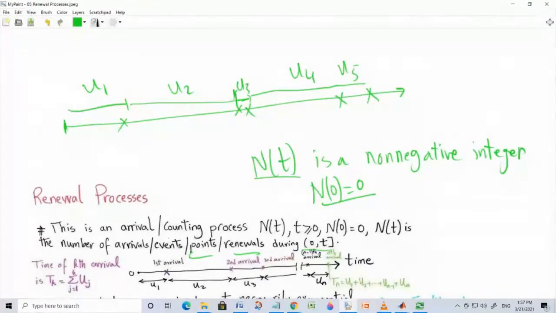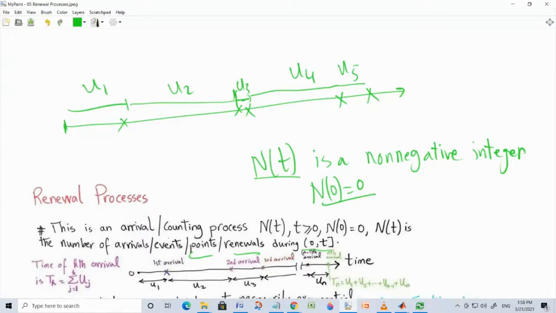So this is the main property of renewal processes: the interarrival times U1, U2, U3, and so on are a sequence of random variables, and those random variables are independent and identically distributed.